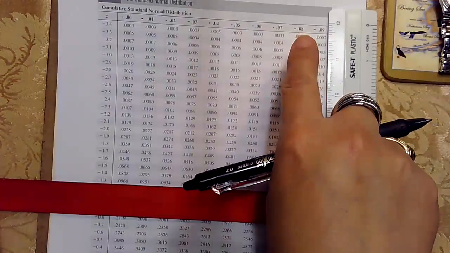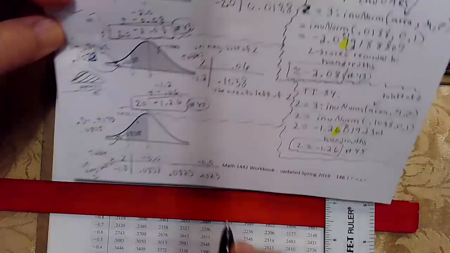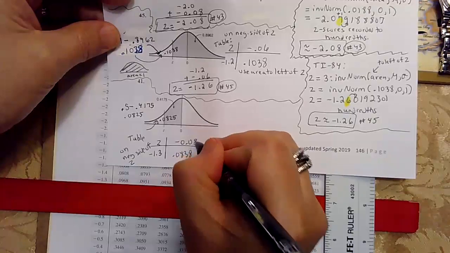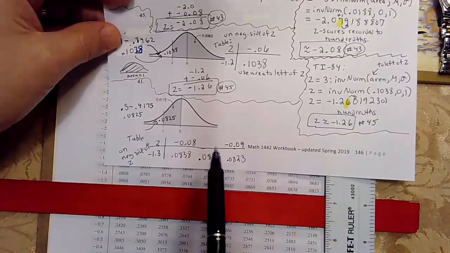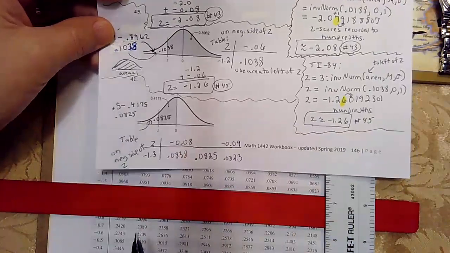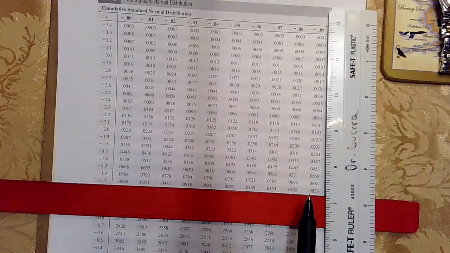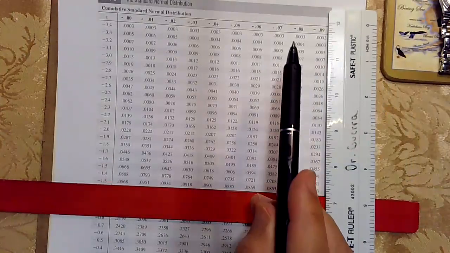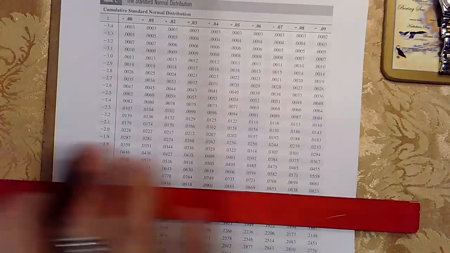Negative 0.08, negative 0.09. See that? Okay, so everybody got that?